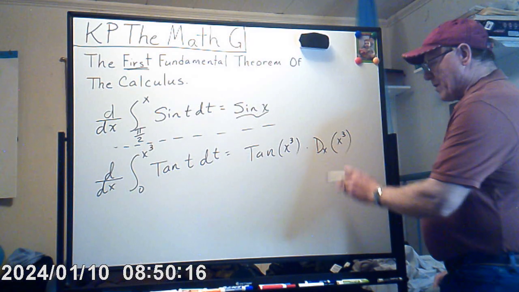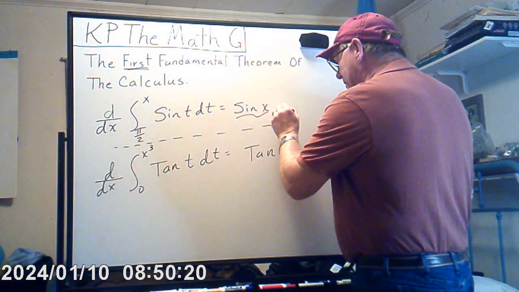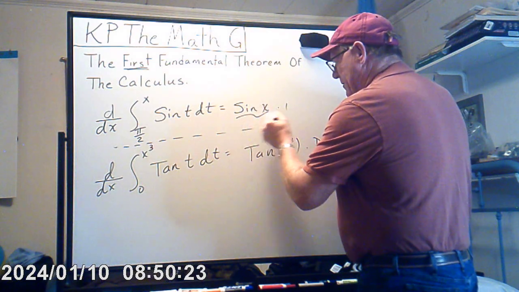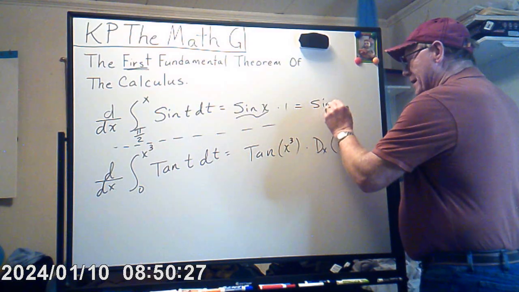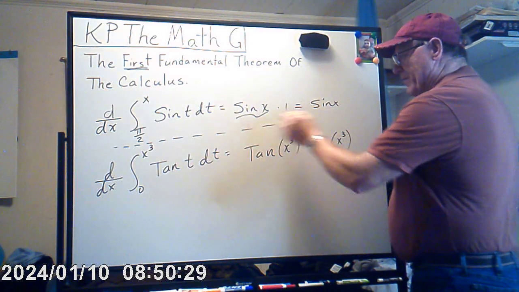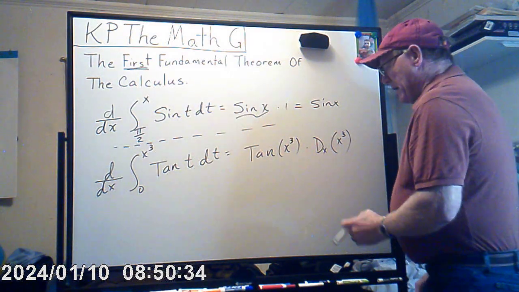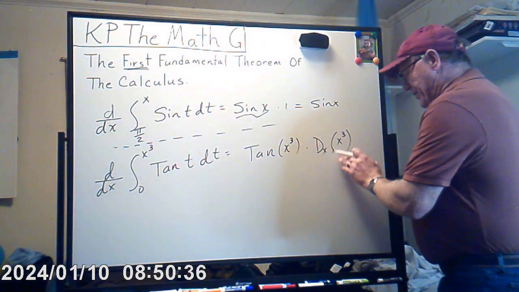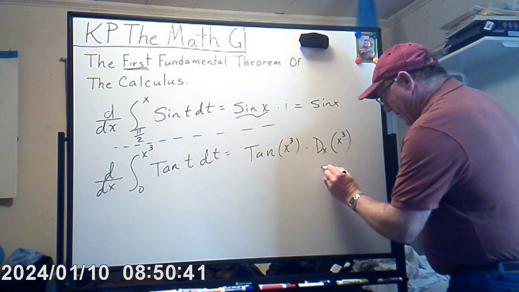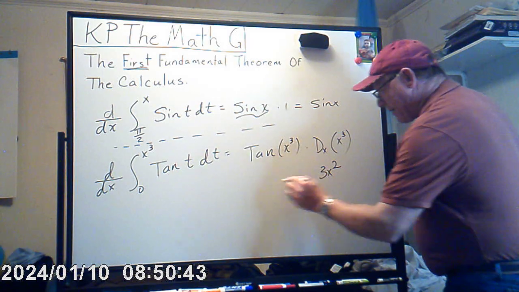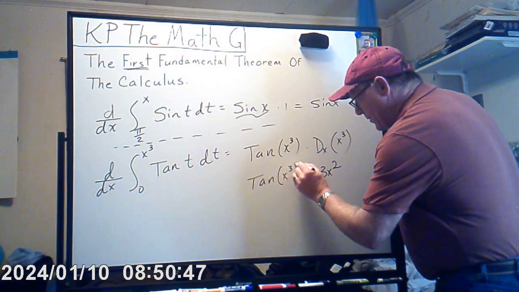This was the same here: the derivative of x is just 1, so if you wanted to do that, it's still equal to sine x. I just left off the derivative of x, which is 1. Here I'm just taking the derivative of this, and you know this derivative. It's 3x squared.